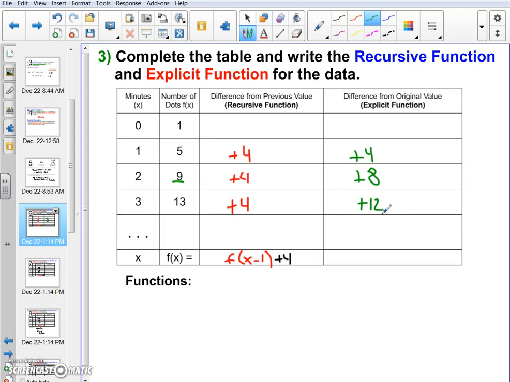Now, you won't have to do super difficult problems with arithmetic sequences because the numbers aren't that difficult to work with. With geometric, they tend to get a little more difficult, but with these, they're not going to be that bad. Now, to start this function off, what you should really do is start with the beginning. So at the very, very beginning, I have 1 dot.